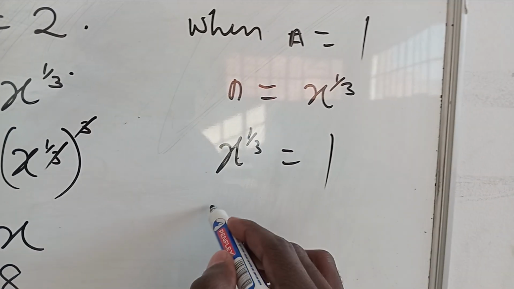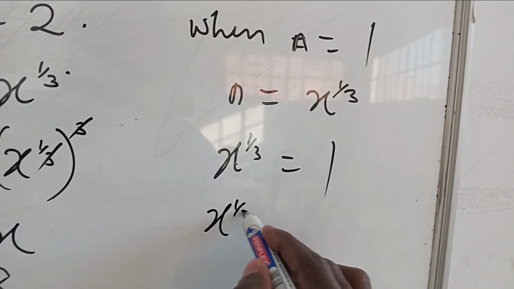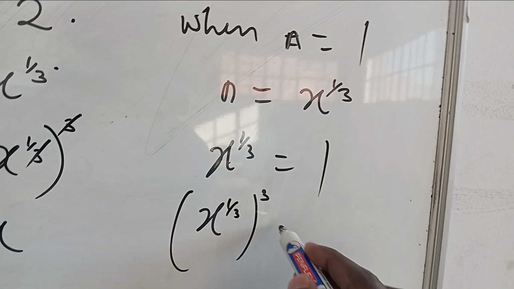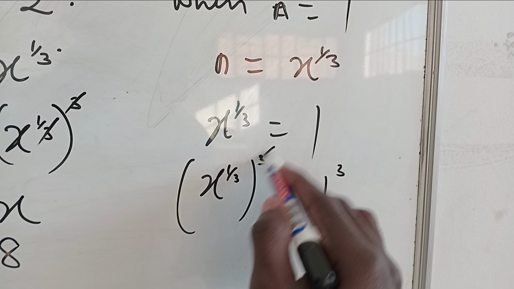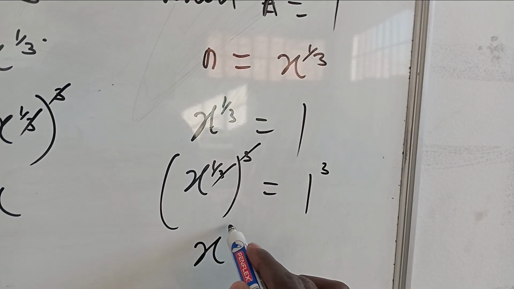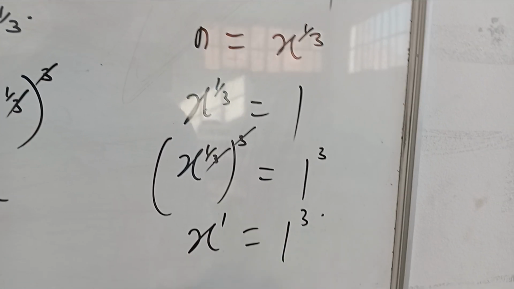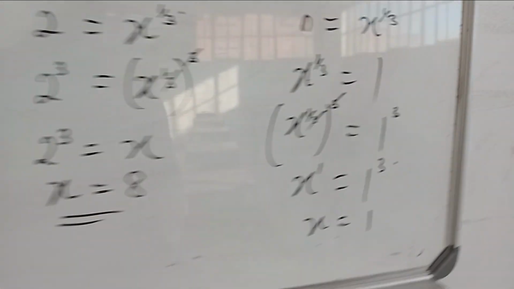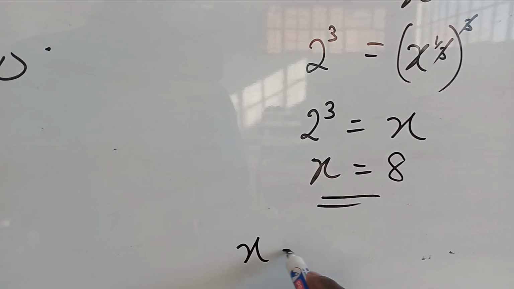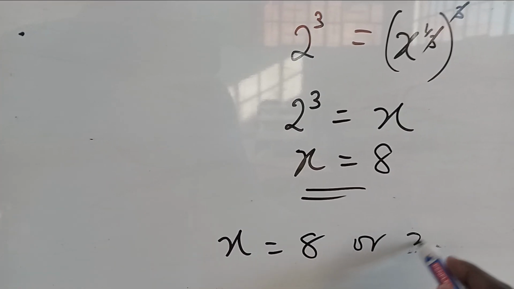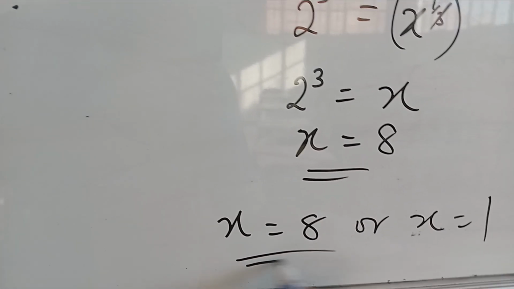So I have x raised to the power of 1 over 3 to the power of 3 equals 1 raised to the power of 3. Then 3 can easily cancel out 3. I have x raised to the power of 1 equals 1 raised to the power of 3, so x equals 1. I can therefore conclude that x is equal to 8 or x equals 1.